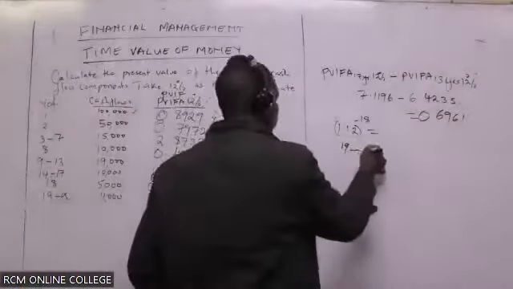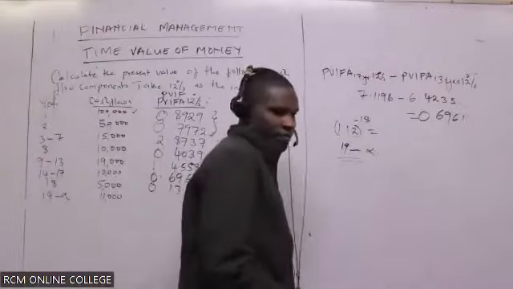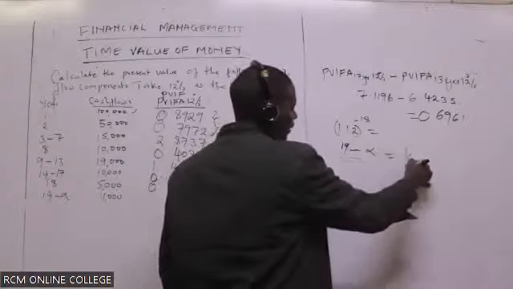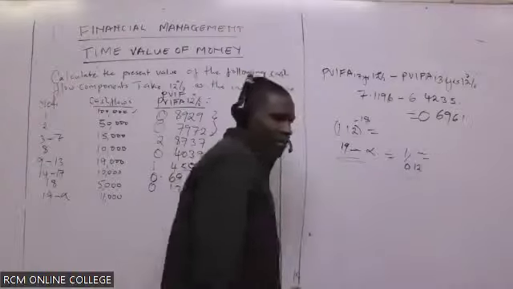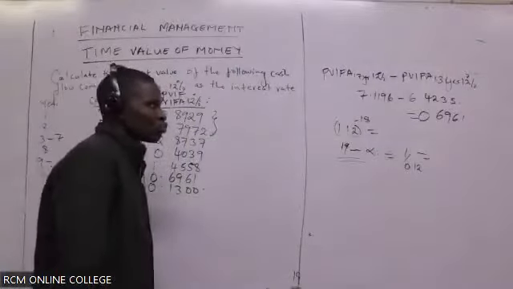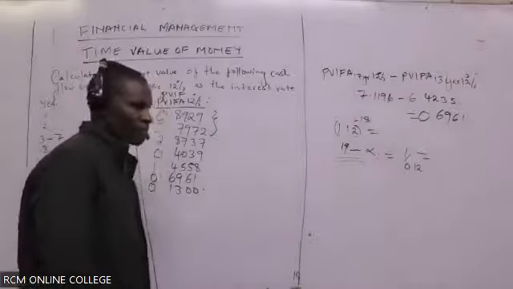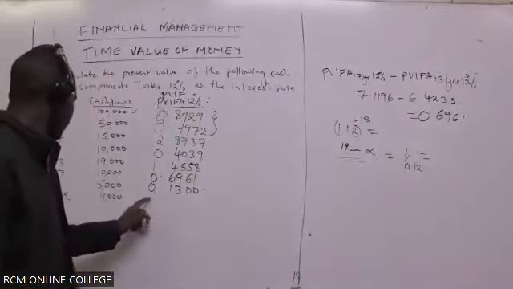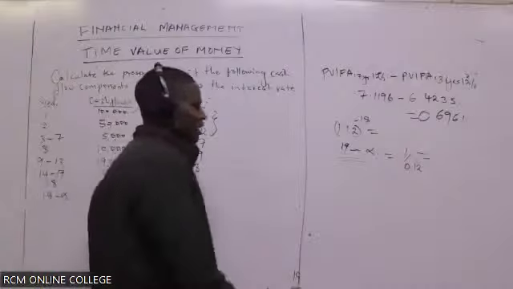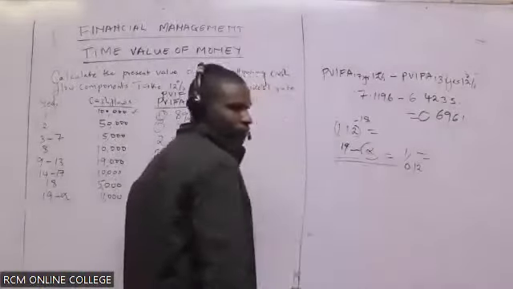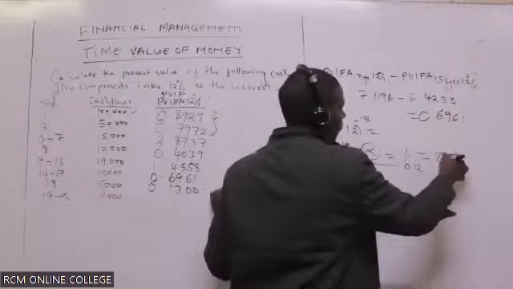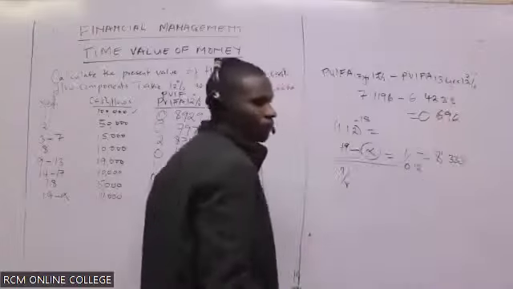And then the last one is infinite. I see 19 years to infinite. We said to get the present value of an infinite stream, it is 1 over R. R is 0.12. So 1 divided by 0.12, what do you get? 1 over R is getting the present value of infinite, 8.333.